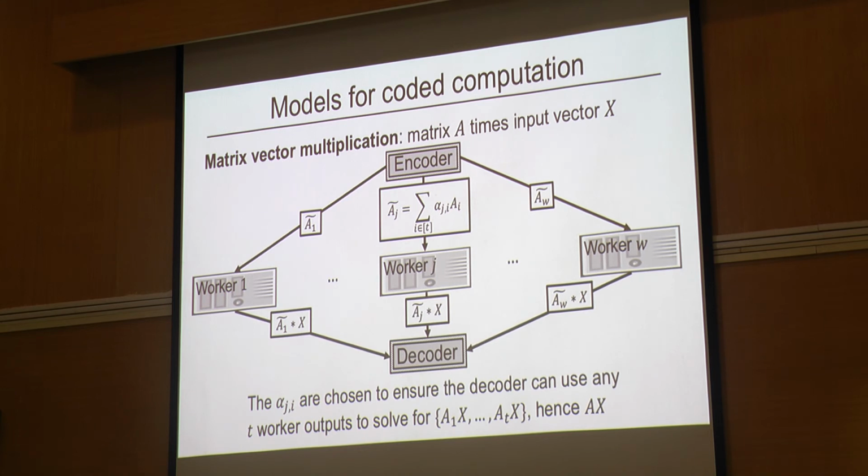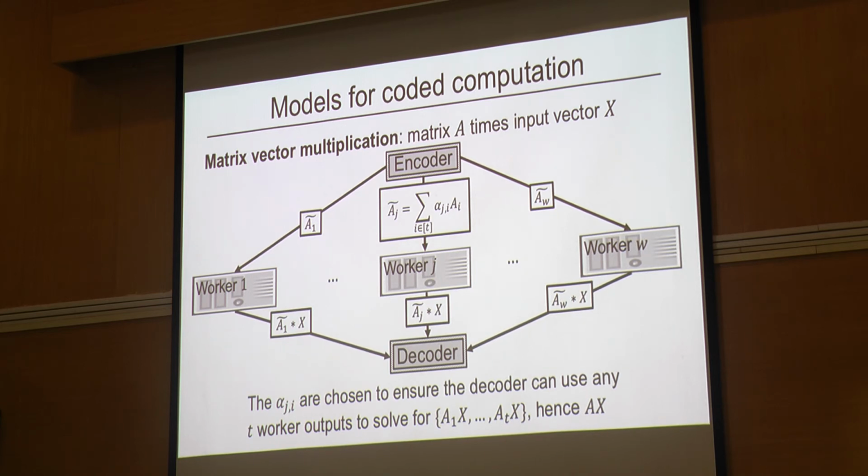Now some of them will be redundant, and that's where the resilience comes in. It is okay if some of the worker outputs don't reach the master. As long as t worker outputs reach the master, you can decode. Is that clear? Any questions on this?